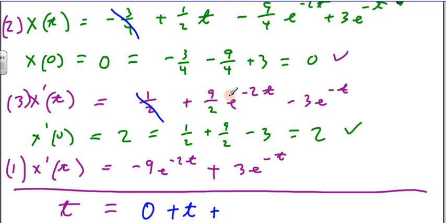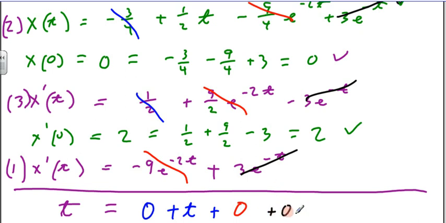I've got 27 halves minus 9 halves minus another 18 halves. So that's 0. Boom, boom, boom. Okay, I've got 6 minus 9 plus 9, so that guy's 0. Plus 0, plus 0. So my work checks, and I have the right answer.